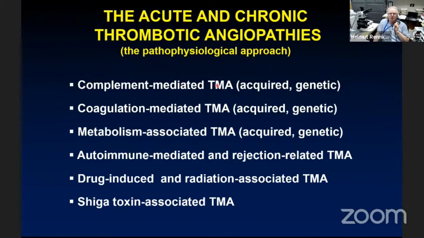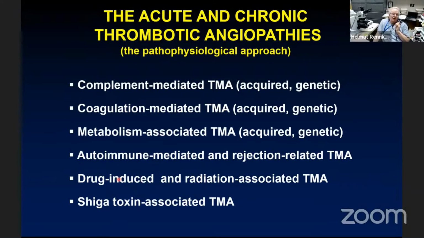Complement-mediated thrombotic angiopathies can be acquired and can be genetic. Coagulation-mediated, acquired and genetic. Metabolism-associated can be acquired, like vitamin B12 deficiency, or genetic, like cobalamin abnormalities. Autoimmune-mediated, these are usually, of course, acquired.